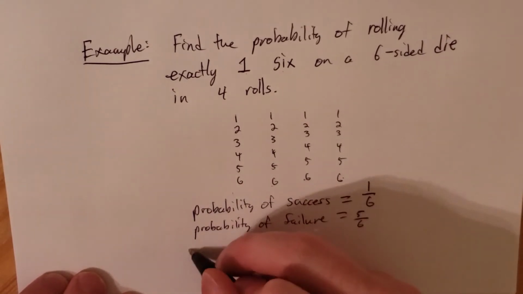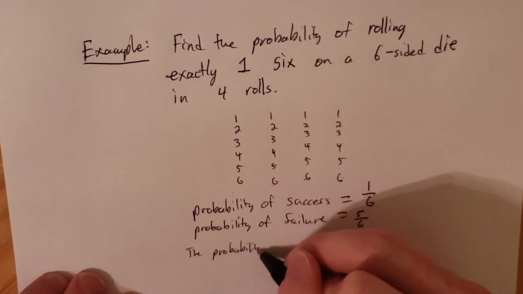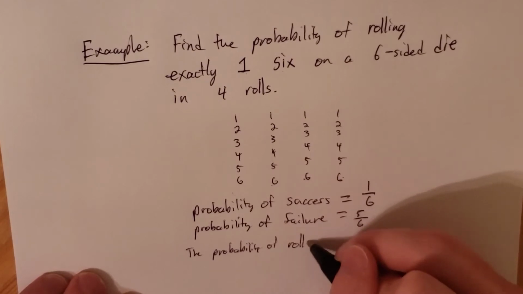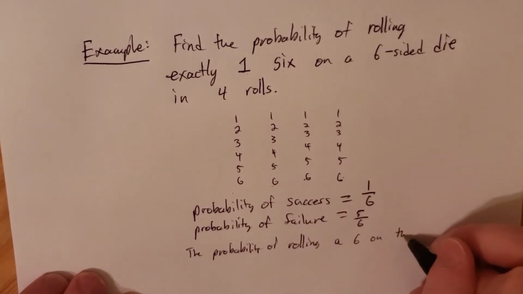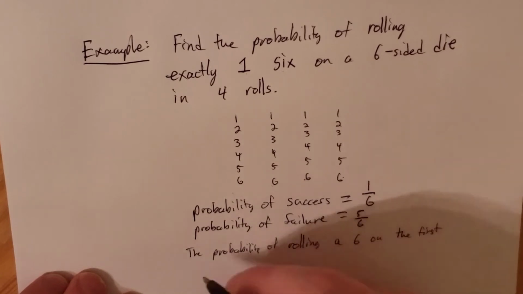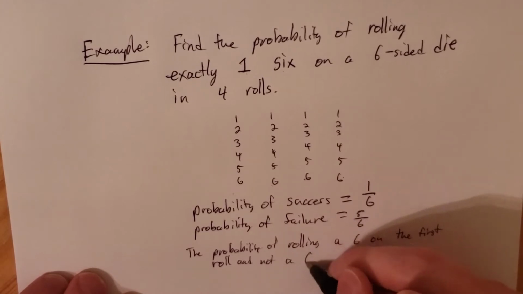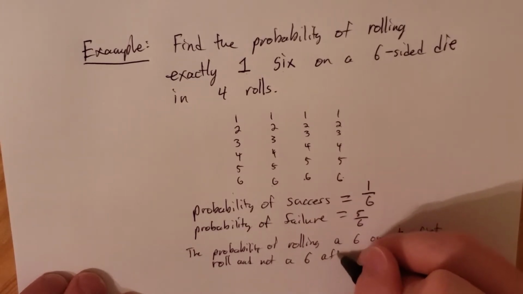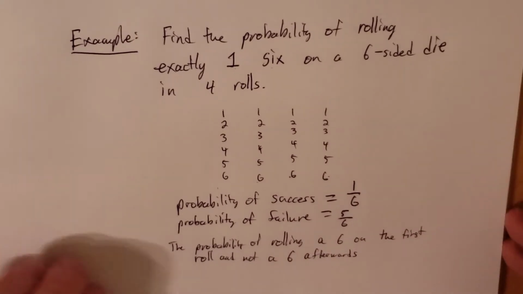And the probability of rolling a 6 on the first roll and not a 6 afterwards. Well, what is that probability?